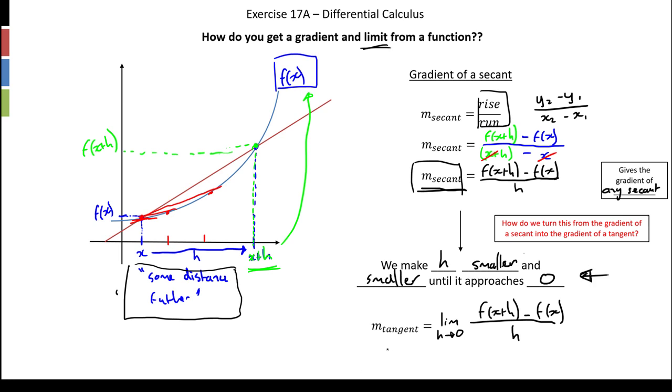So we get this function, and this was the brilliance of what Newton and Leibniz did. We've now got a function, a rule that tells us the gradient of the tangent, not the secant. Somehow we've got the gradient of the tangent with only 1 point, and it's absolutely brilliant.